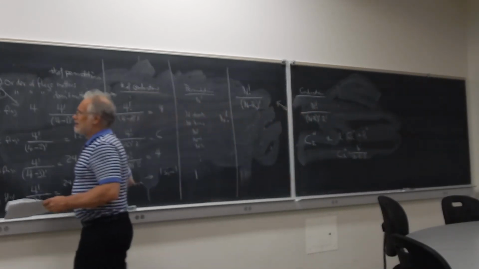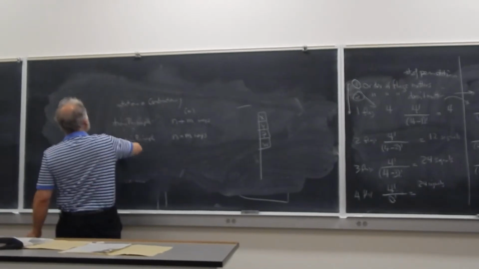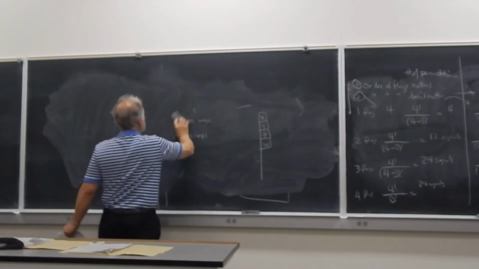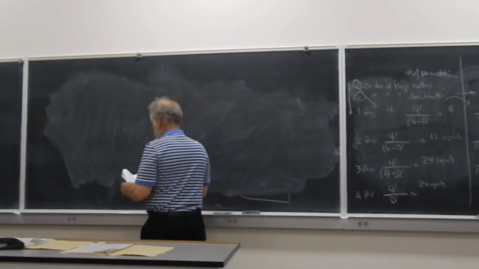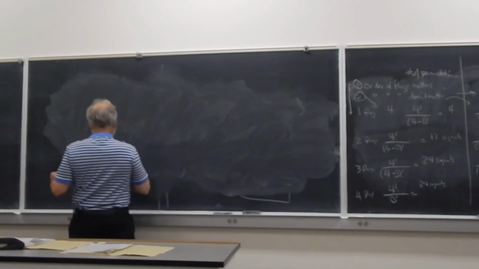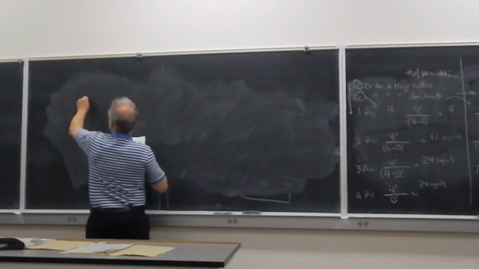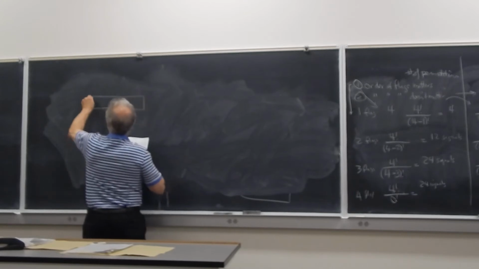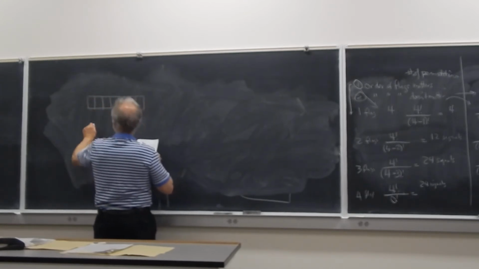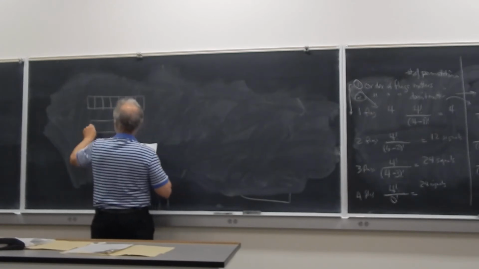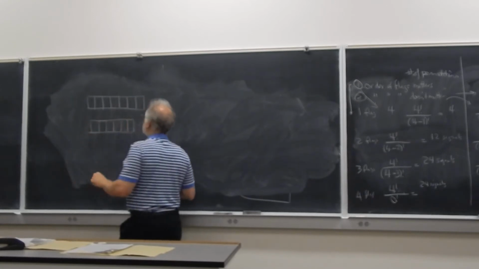Do one other example along these lines. It's called the bus example. I have the following situation. I have a bus that has 7 forward-facing seats, and I have 6 rear-facing seats, like so.